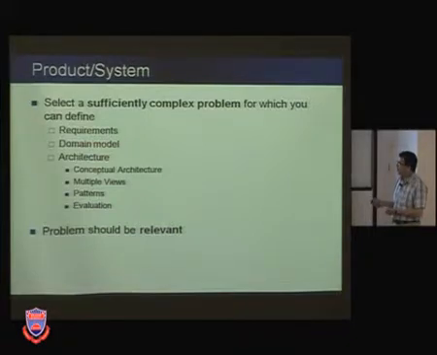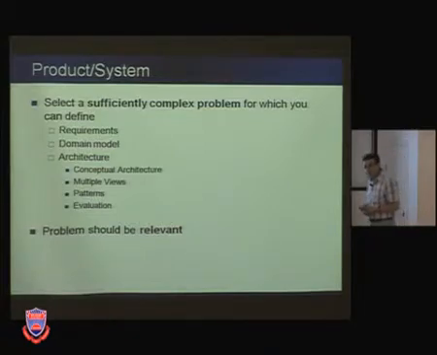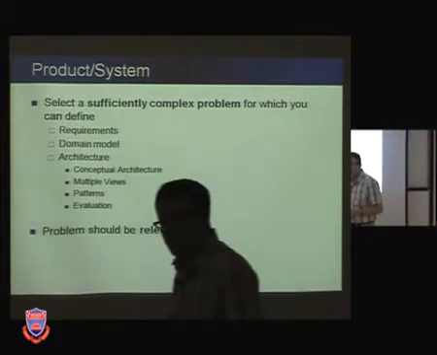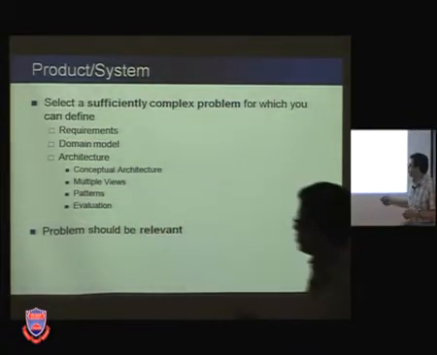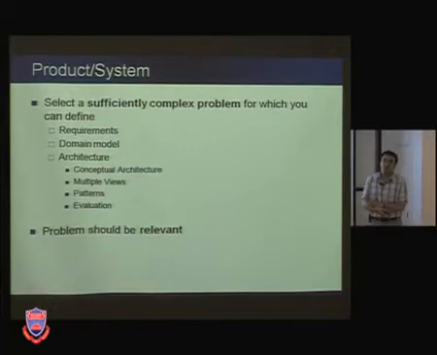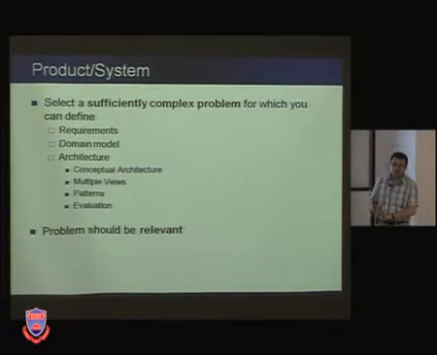You have to define a domain model, derive the conceptual architecture, and later on also architectural views. We have to apply patterns and evaluate it. So if the architecture is too simple, you might not be able to. The problems will also be evaluated with respect to their complexity. So try to be sufficiently complex and relevant.